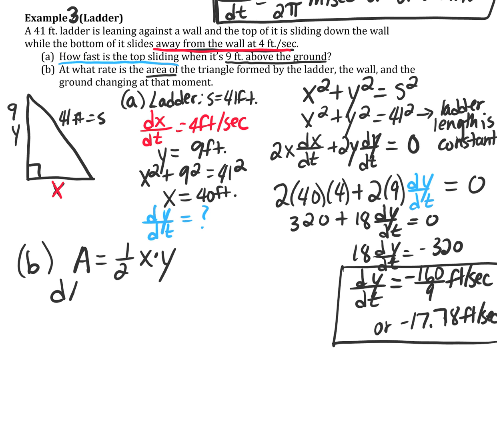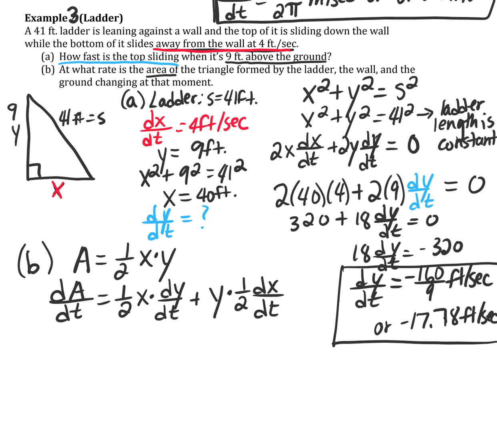So when we do dA over dt, which is what we're solving for, the rate of the area, we'll do first, so 1/2 x times derivative of the second, so dy over dt, plus second, so y, times derivative of the first, so 1/2, and that will be dx over dt.